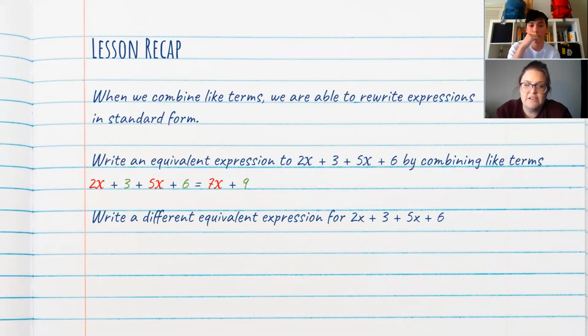Think about whether you can write a different equivalent expression for the same expression, 2x plus 3 plus 5x plus 6. What are some other ways we can write that besides just the standard form of 7x plus 9? You can pause the video here and come up with a couple different ways.